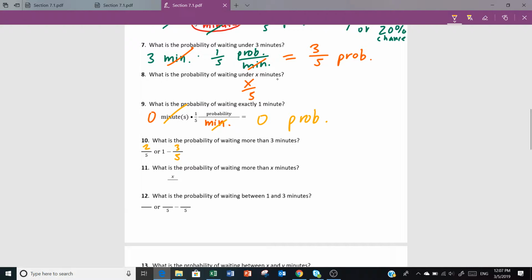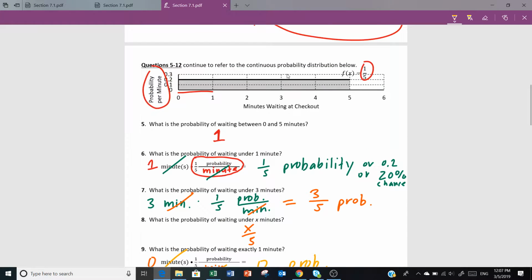That's another way to do it, because remember the total probability, or the probability of the sample space, is 1. Take the sample space and then take away the left probability, and you're given the right probability. If we look at the graph here, we have this left probability, which is 3, and then the right probability has to be 2 in order for it to add to 5 over 5, which is 1.